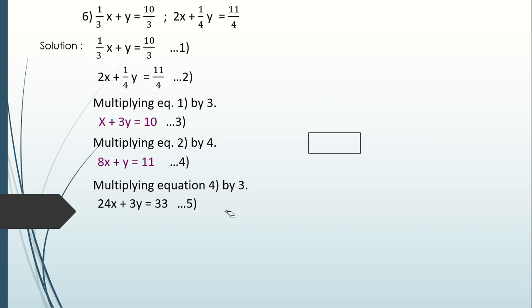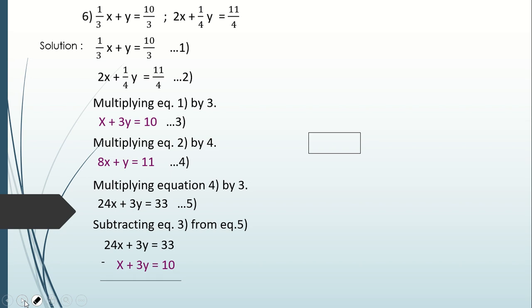Now look at equation number 5 and equation number 3. We will subtract 3 from 5. Okay, and then we can get rid of this y variable and we will get the value of x. Then the value of x we will be putting back and we will get the value of variable y again. So subtracting equation number 3 from 5.